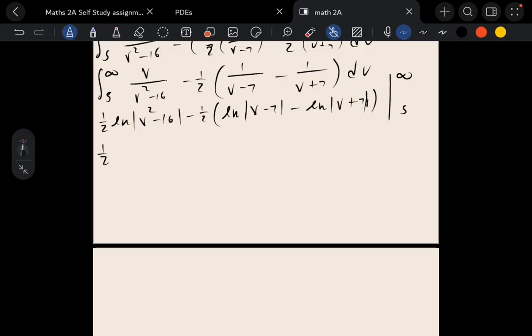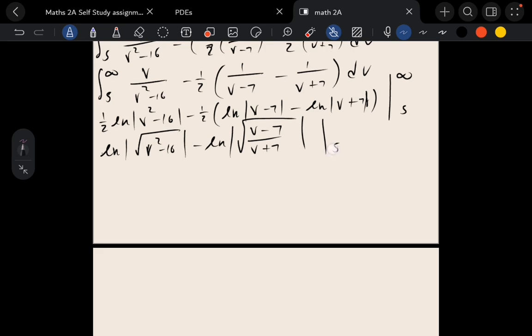So it's 1 over 2. We can simplify this, so I'm going to have ln the square root of v squared minus 16 minus the ln square root of v minus 7 over v plus 7, between s and infinity.